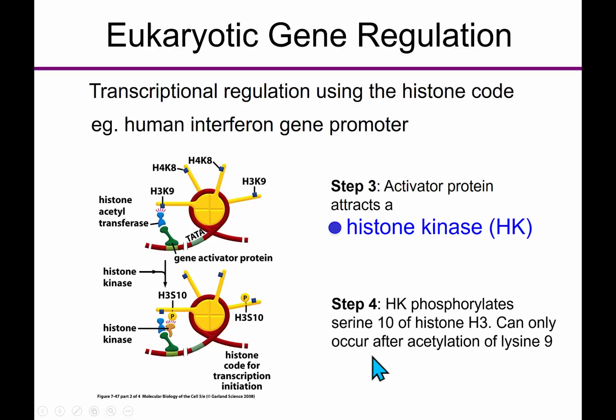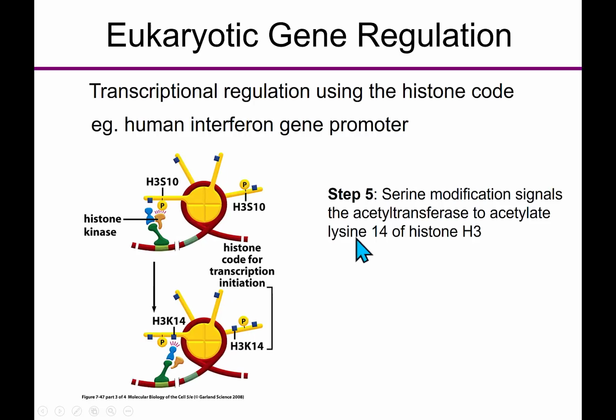And again, you cannot skip steps. This can only occur after acetylation of lysine 9. So with the histone kinase here, notice the symbol again, histone 3, serine 10, H3S10. You get the phosphate group here. You get the phosphate group on the other one. You're done step 4, you can go to step 5.